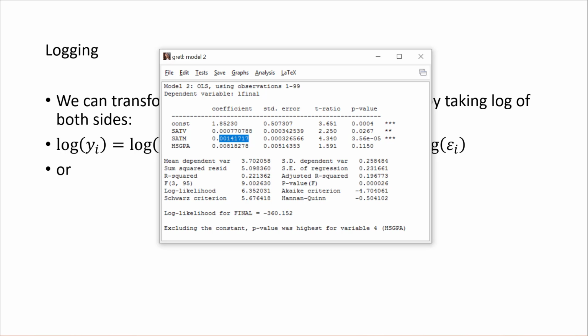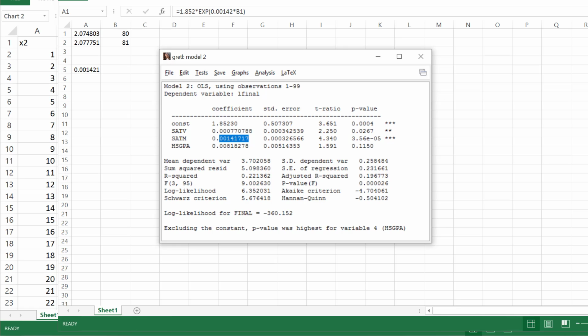This number right here, 0.014, for example, answers the following question. If SAT-M increases by 1 unit, that is, you get one more point on your SAT-M score, then the expected result on the final exam will increase by 0.014, or 1.4%.